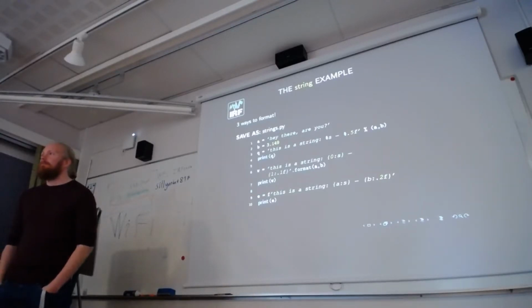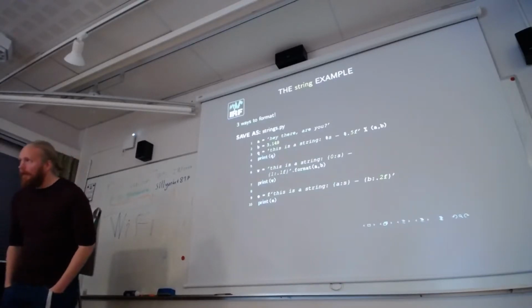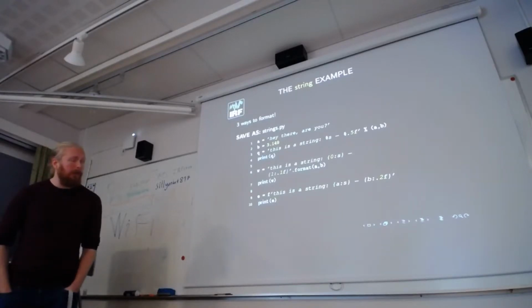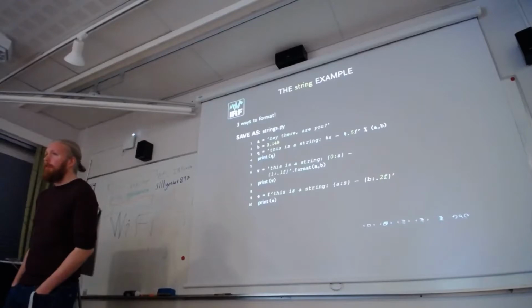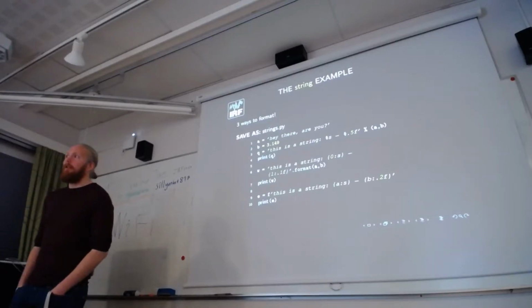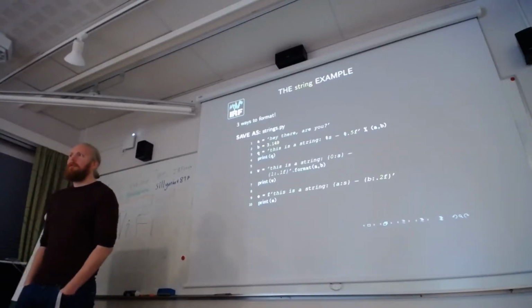Is there a limit on the accuracy of the floating point? How many digits can you actually use? Not for printing, I mean for calculation. Python native is a 64-bit float. So it's a mantissa of how many bits?